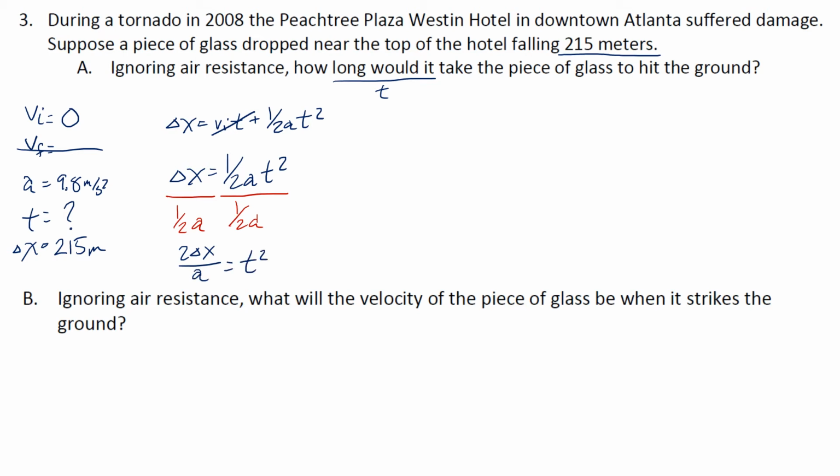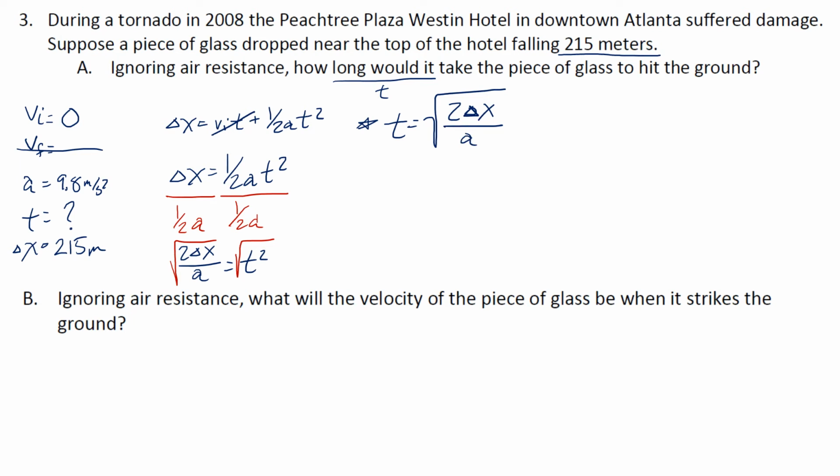So to do the inverse operation of t squared, I'm going to square root it, right? And once I square root it, I have a derived equation. It might be good to memorize this one just because you're going to use it quite a bit. And that is t is equal to the square root of 2 delta x, this is a delta, divided by a. In this case, a is going to be the acceleration of gravity.